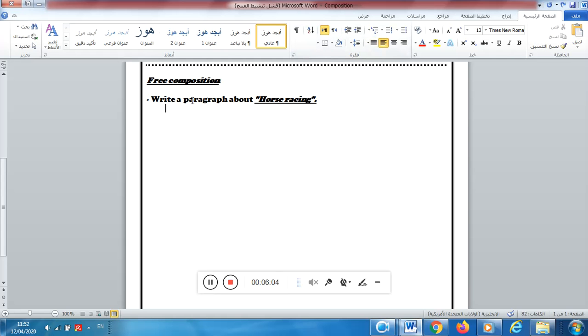This kind of exercise is called free writing or free composition. It doesn't base on certain given information. For this reason, you are free to choose whatever kind of information to have in your paragraph, providing that you write a good, complete, meaningful paragraph.